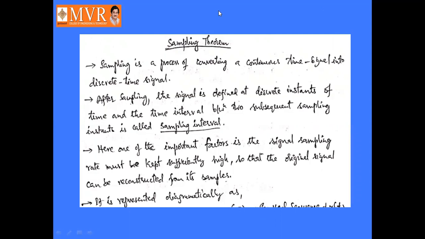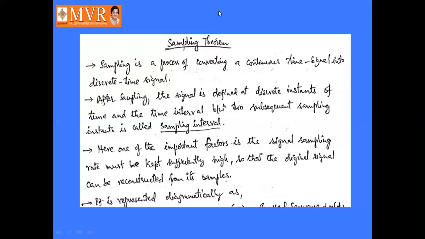That is called the sampling process, so that a discrete time signal can be constructed from the continuous time signal, and the signal is called a discrete time signal.